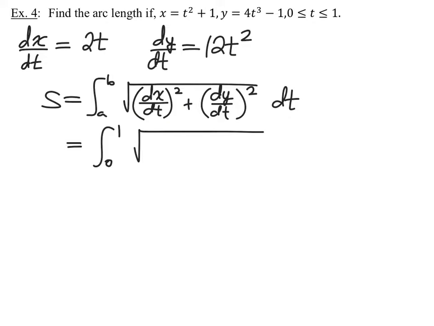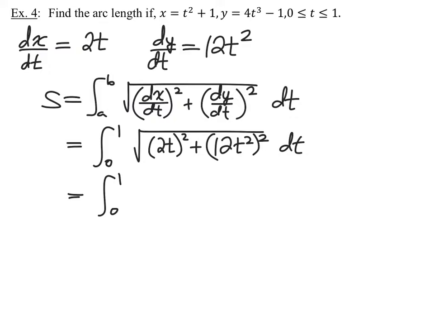dx/dt is 2t, so (2t) quantity squared, plus (12t squared) squared, dt.